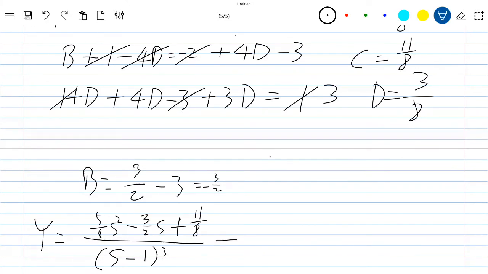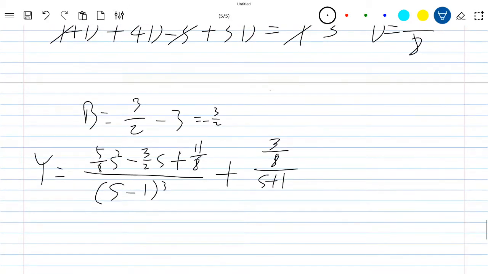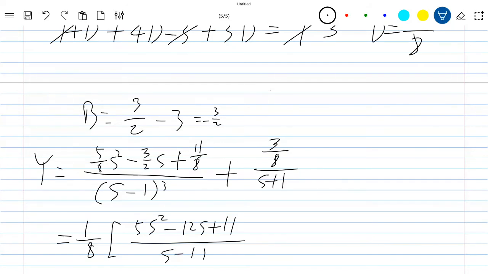Then you have plus 3/8 over (s plus 1). Okay, how about we factor out 1/8 to make it easier? So you have (5s squared minus 12s plus 11) over (s minus 1) cubed, plus 3 over (s plus 1).